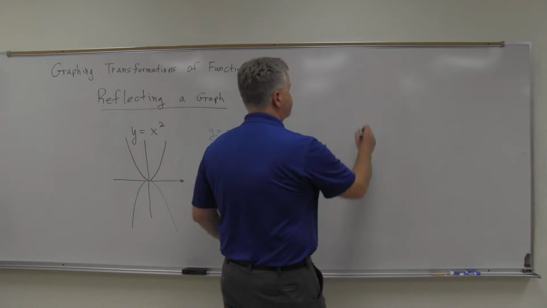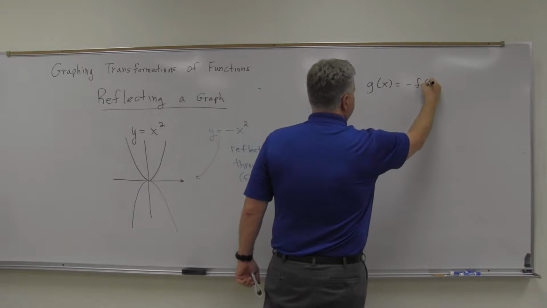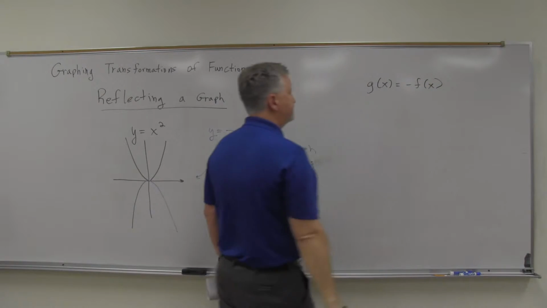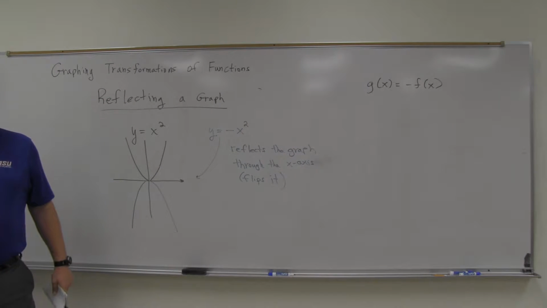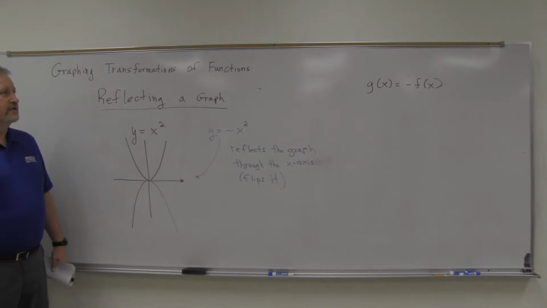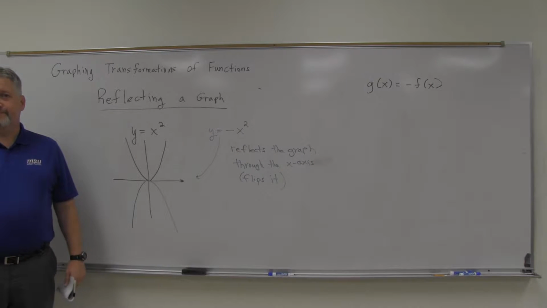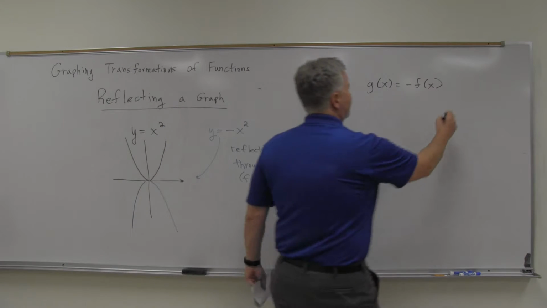So if I've got g of x, putting it in the terminology we had before, if I've got a g of x function, and I put a minus in front of it, that's going to reflect it through the x-axis, flips it over, okay?